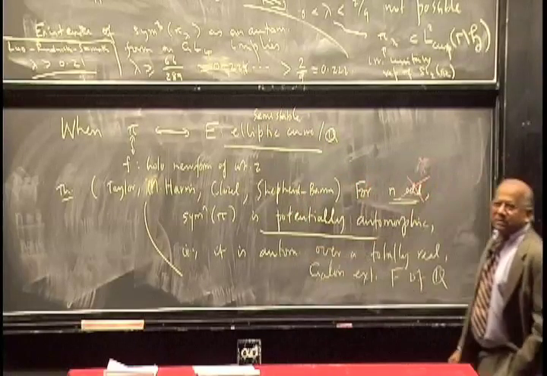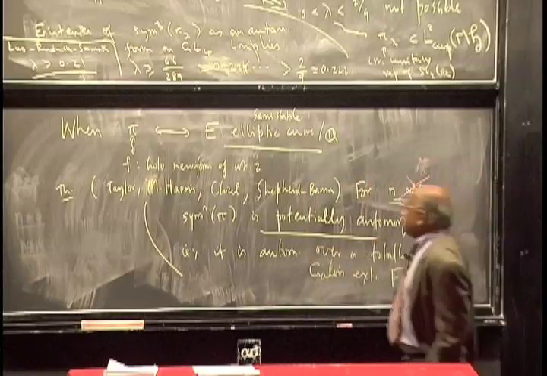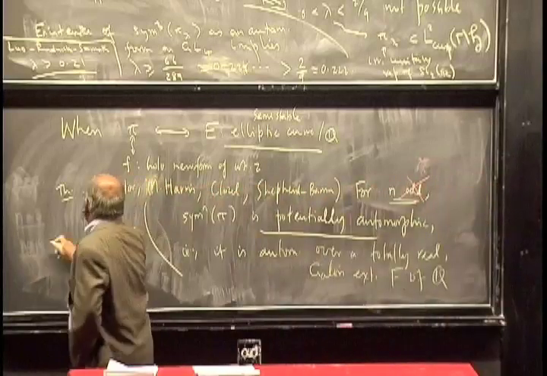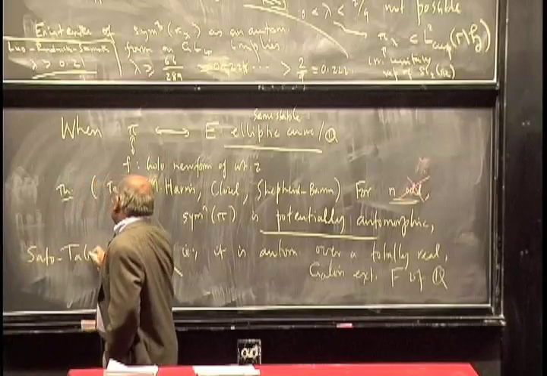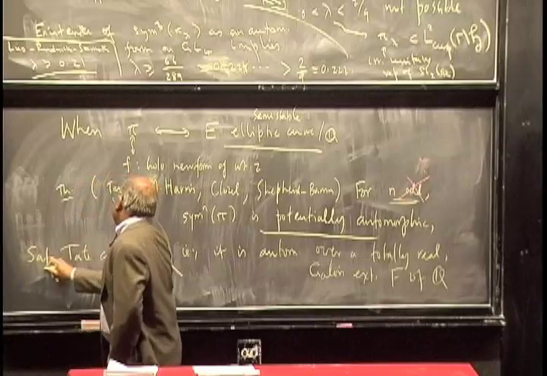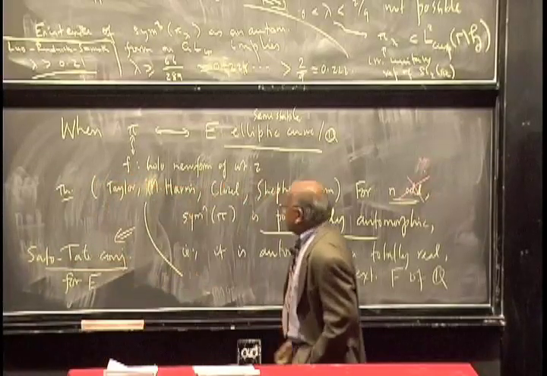Perhaps that also gets eliminated in the current version. So this implies the Sato-Tate conjecture for E, which is really a beautiful result.